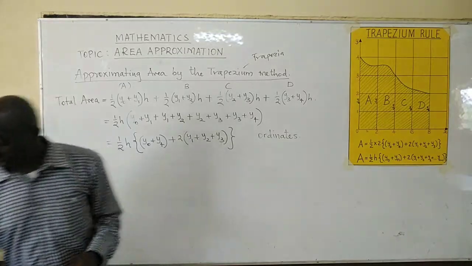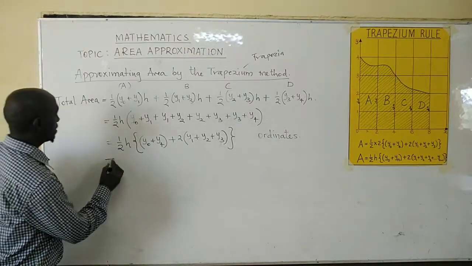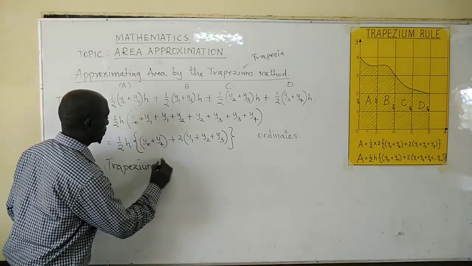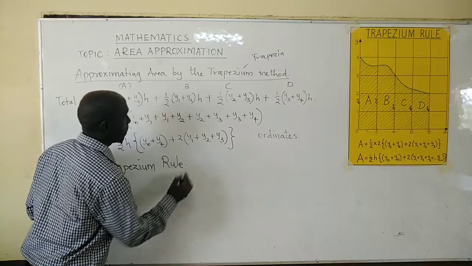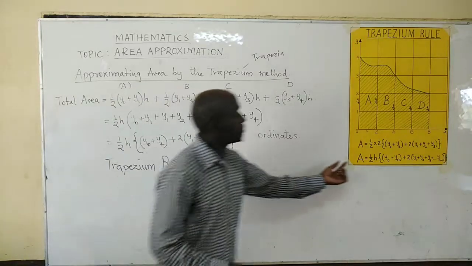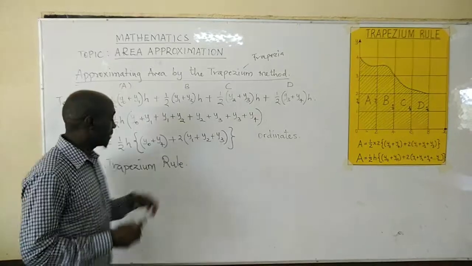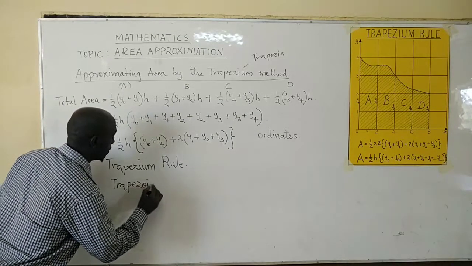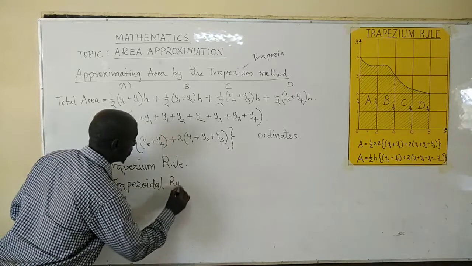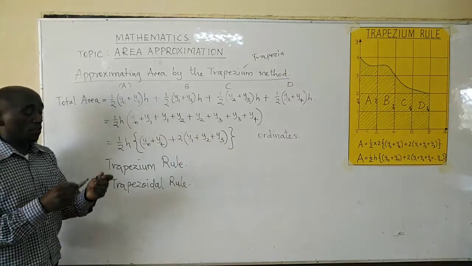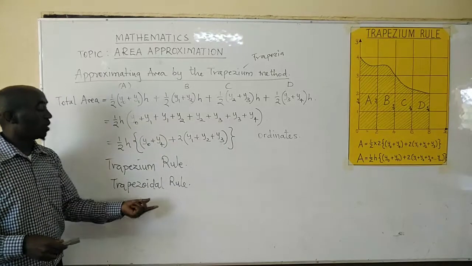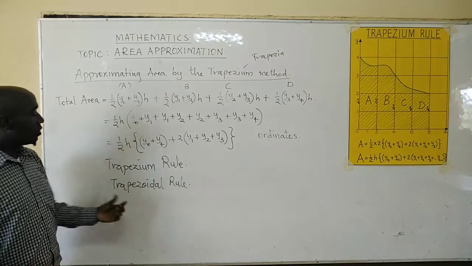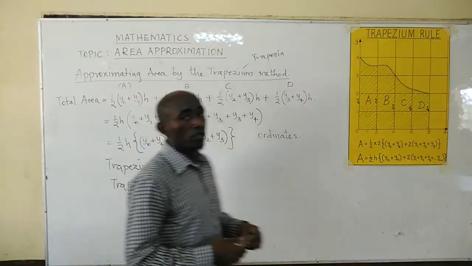The trapezium method is also called the trapezium rule. Sometimes it is also called the trapezoidal rule. You may find in some books it is called the trapezoidal rule. It is all the same thing: the trapezium method, the trapezium rule, or the trapezoidal rule.